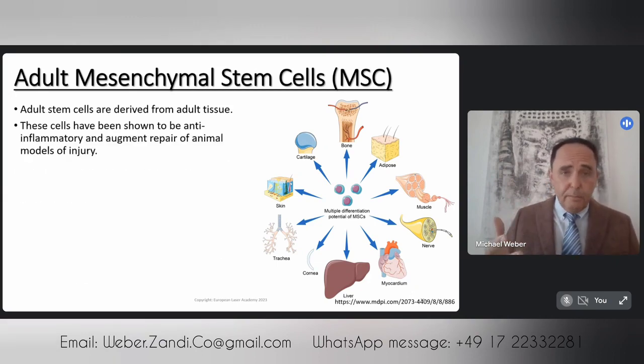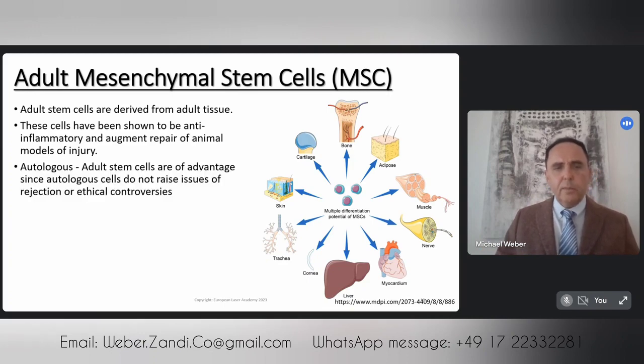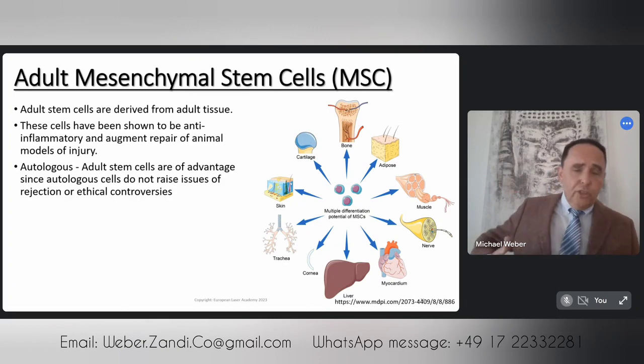And we know from stem cells that they are anti-inflammatory and argue the repair of injuries, not only in animal models, in the human as well. And when we use the patient's own stem cells, autologous stem cells, we don't have the issue of rejection or ethical controversy.